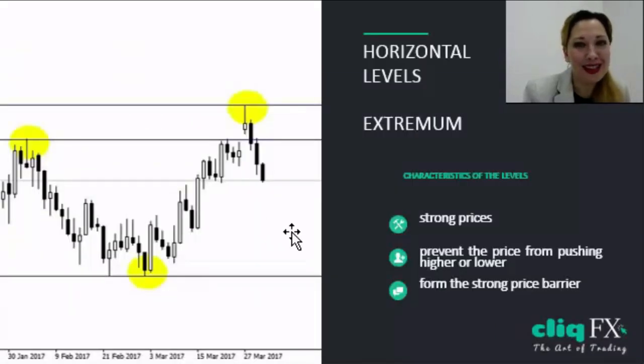Next, horizontal levels can be divided into some groups. We are going to talk about the two most important, according to their formation. The first group is formed with the help of extremums, or peaks, highs or lows of the market. These definitely strong prices prevent the market from pushing price upward or downward.